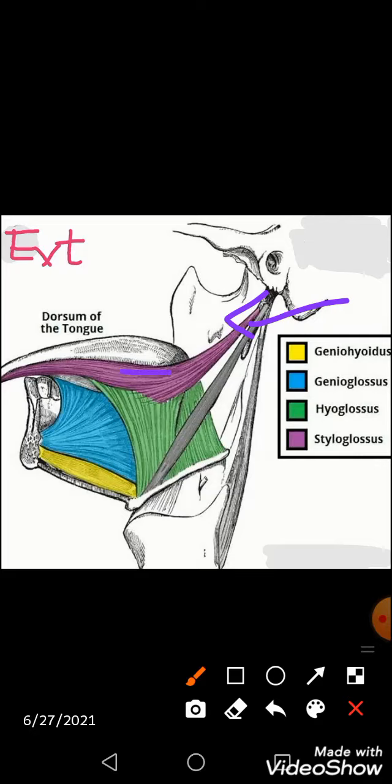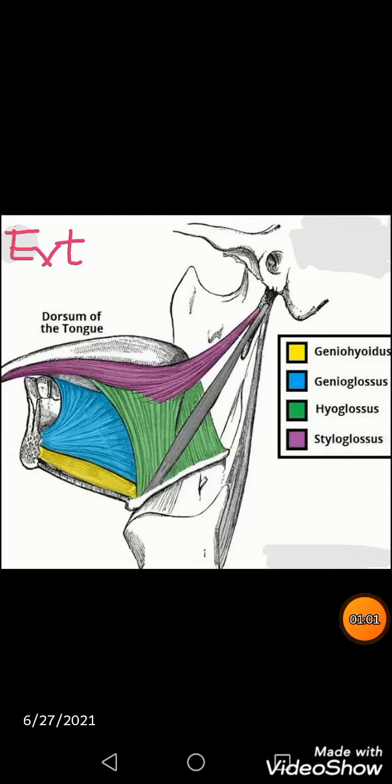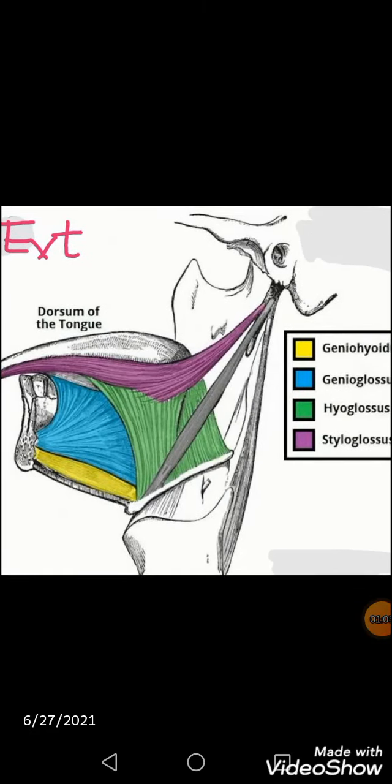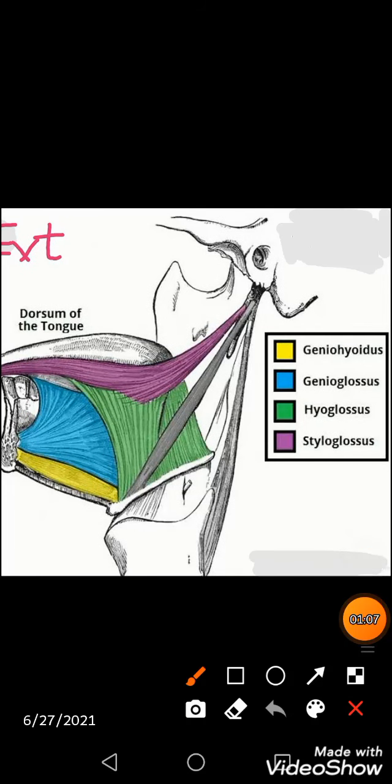And it is attached to the sides and the tip of the tongue, right? Then you can see the yellow color muscle, which is called the geniohyoid. It is attached to the hyoid bone and up to the mandible, right? It is just like a strip.